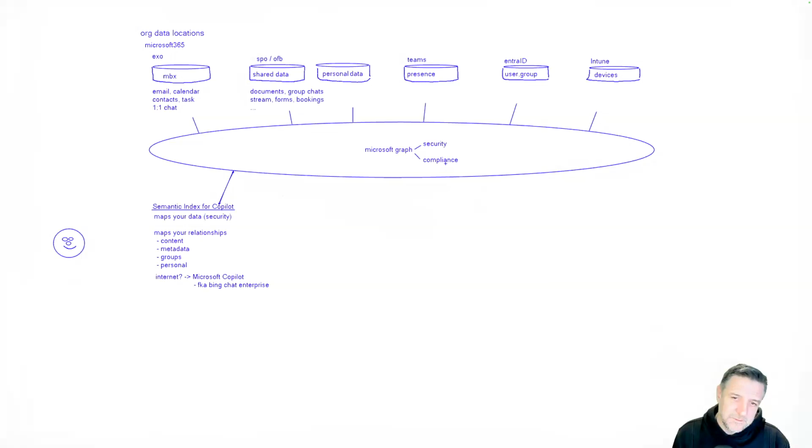And the answer is, it could be a problem if you're not managing your security right. Later in this session, I will go through a couple of short steps that you can do to prepare your organization, my tenant, for Copilot.